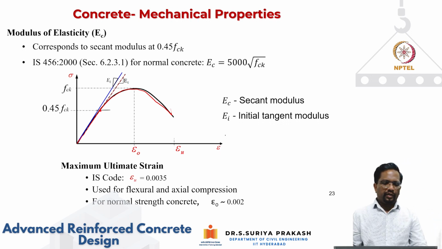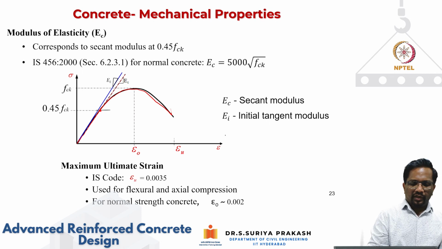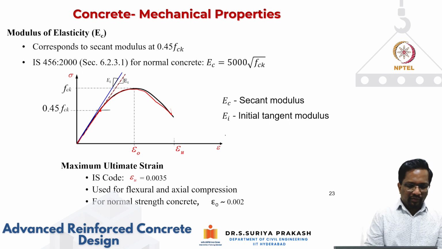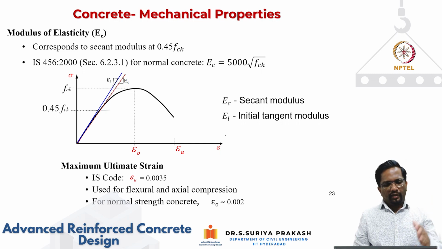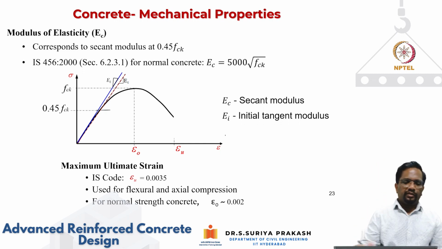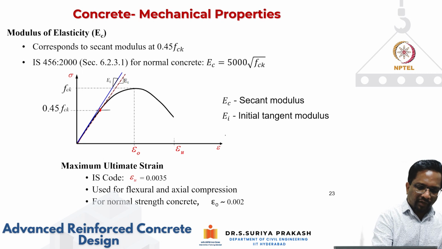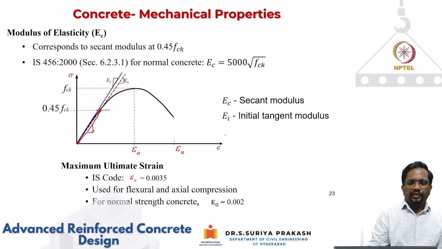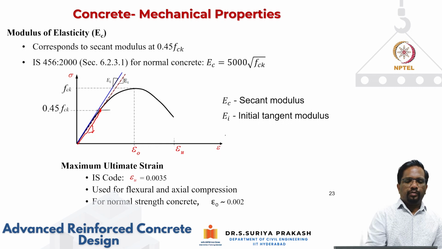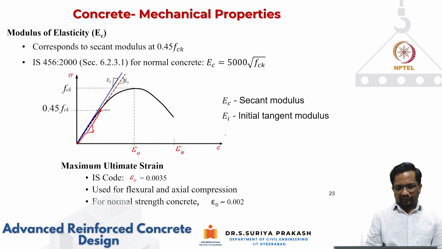If you take 45% of the stress and then draw a slope, that's why, if you see here, the blue curve, the initial tangent is going to be higher than your secant modulus that we are taking at about 45% of your compressive strength. So the slope of this curve is going to be lesser than your initial modulus. The code defines your EC to be taken at about 45% of your compressive strength.